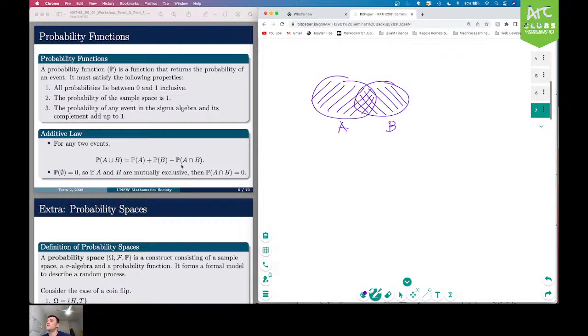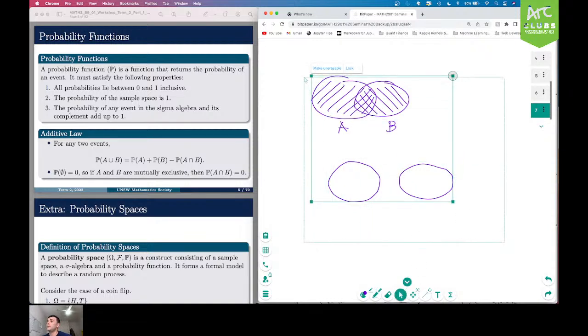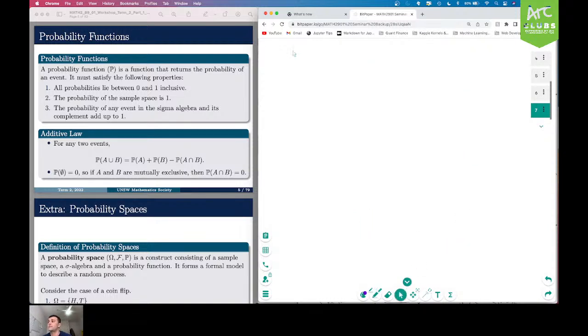So we need to strip off the middle part once: we count all of A, count all of B, and then strip off the middle part once because we've double counted it. Now, in the case where we have mutually exclusive events, there's not going to be any intersection, so the third term will be equal to 0. That will be pretty important when we consider some practice questions.